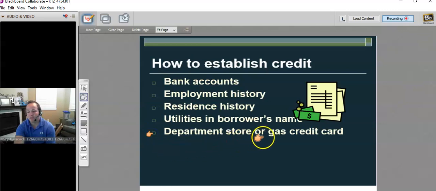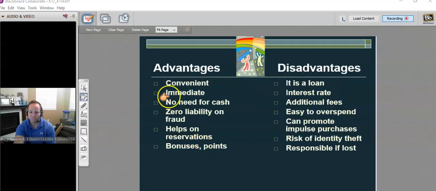And also a gas credit card, something like that, is a good way to start developing the credit that you need, because you need credit to get an auto loan and eventually buy a house. So be good there.